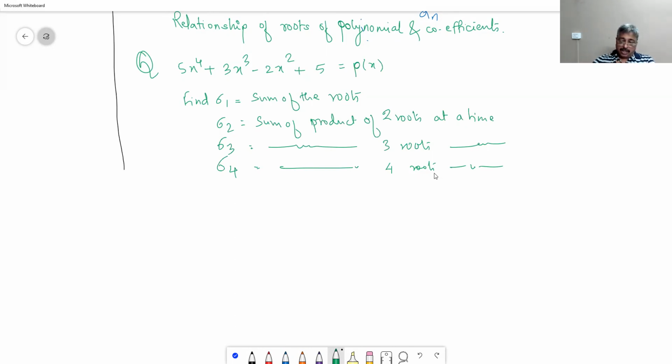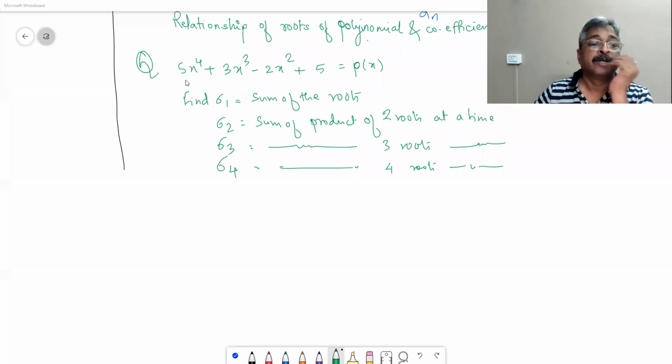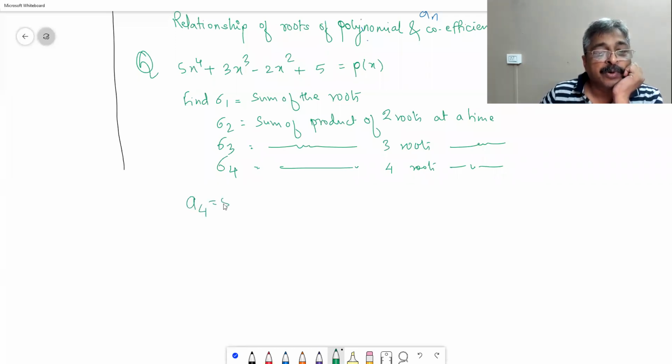So now this is not difficult. You will be able to quickly find it out. An, that is A4, is equal to 5. When you want to find sigma 1, you need to have this coefficient 1.